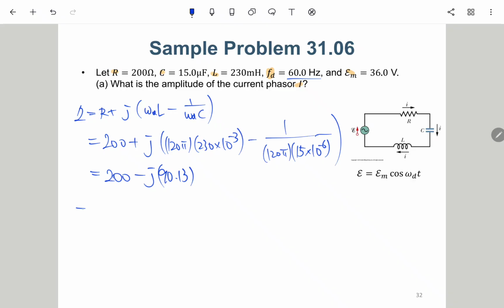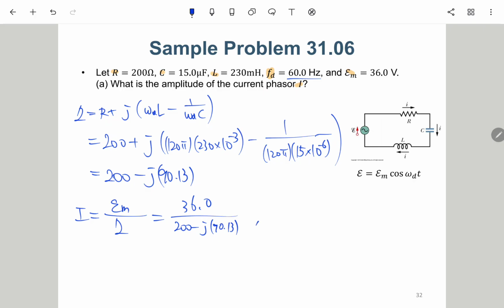So actually I will be EM over Z, which is actually 36.0 over 200 minus J 90.13.